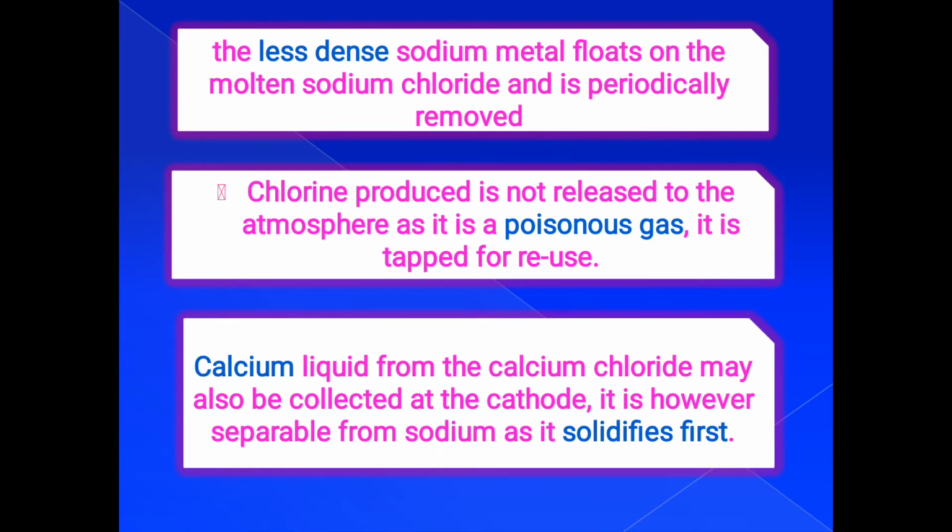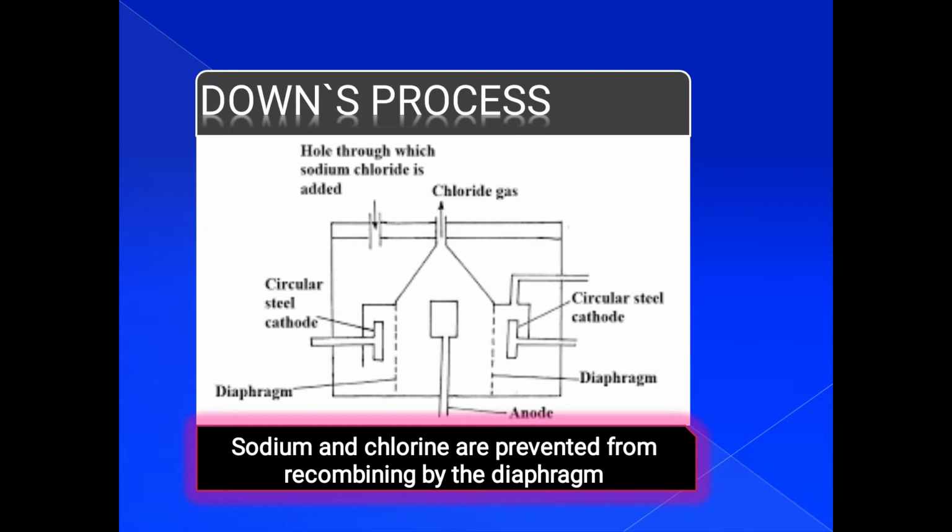We now look at what we have here. After reduction of sodium ions to sodium atoms and the oxidation of chloride ions to chlorine gas, how do we end up having sodium? We are saying that the less dense sodium metal floats on the molten sodium chloride and is periodically removed. How is it periodically removed? Sodium is less dense, and for that reason we expect that it will float.